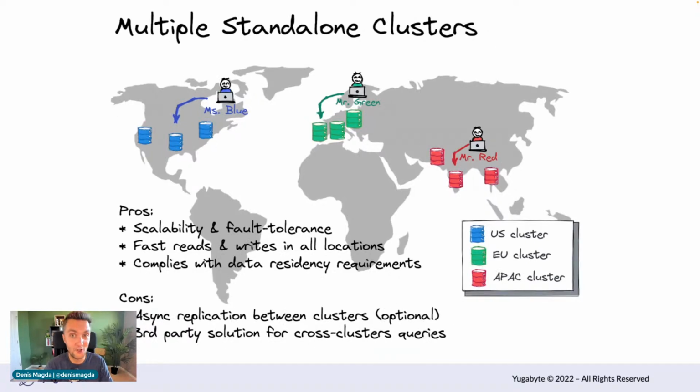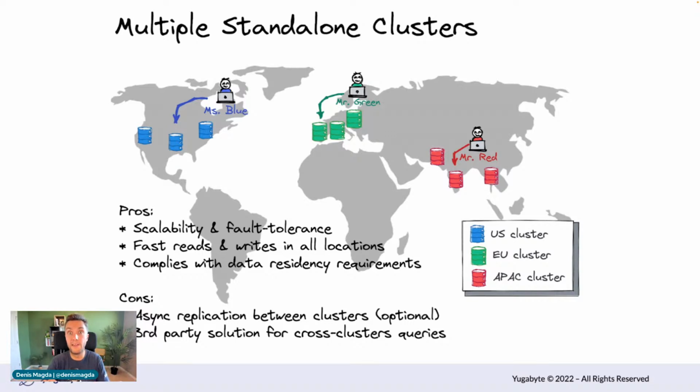Another solution that is used very often, not only with distributed databases but with traditional databases, is that you can deploy multiple standalone database clusters. For instance, you can have a standalone cluster in the United States for the United States users. You can have the same cluster in Asia for your customers from Asia. And that will work for many scenarios.